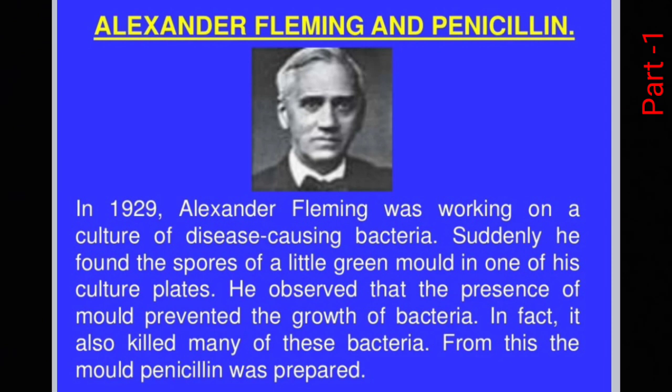He observed that the presence of the mold prevented the growth of bacteria. In fact, it also killed many of these bacteria. After observing this, he wondered why this happened. So the mold which was there, he named it penicillin, and in this way the penicillin antibiotic was prepared.